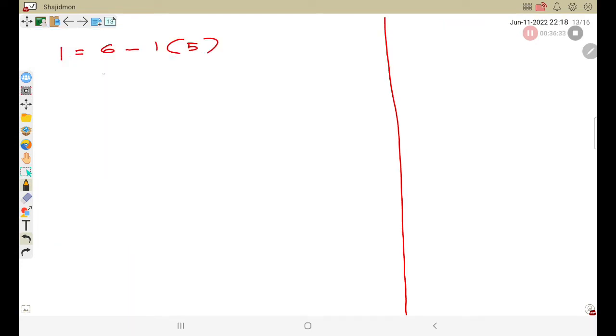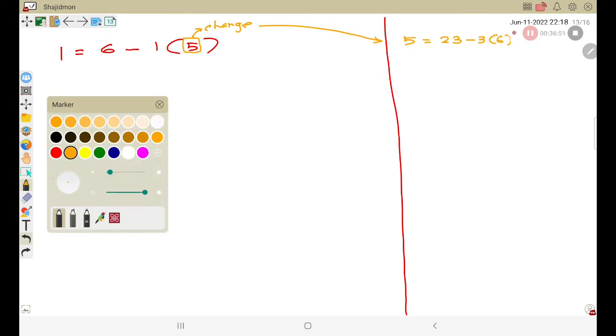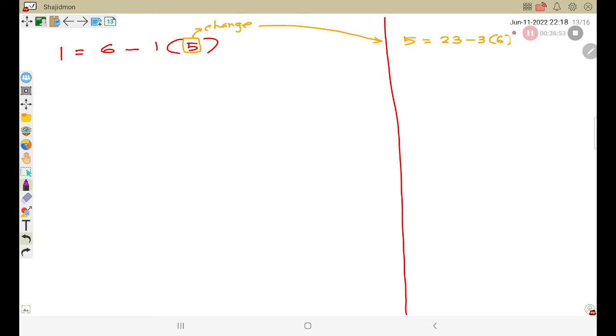So we change this number 5. Because 5 equals 23 minus 3 multiply 6, which we already wrote on the last page. Okay, so 1 equals 6 minus 1, using a closed bracket, 23 minus 3 multiply 6.